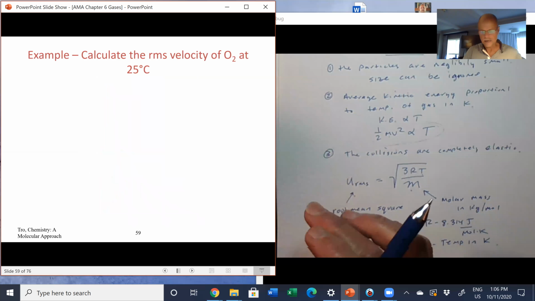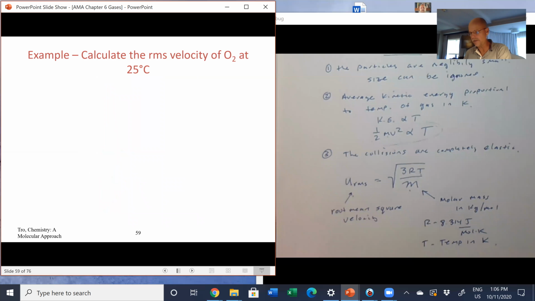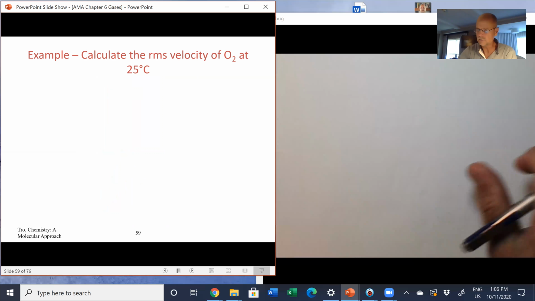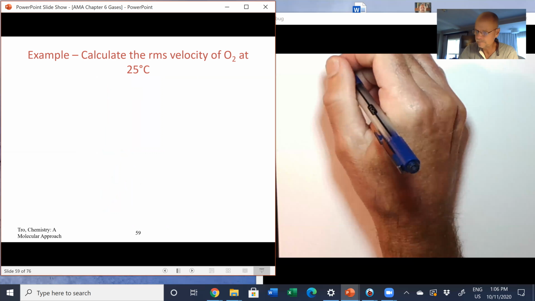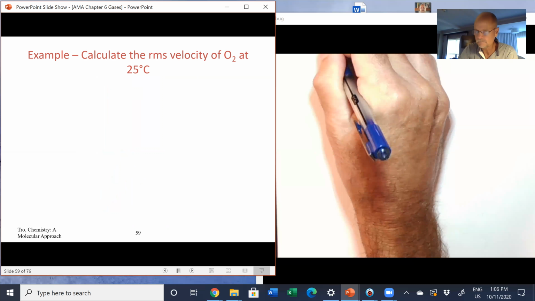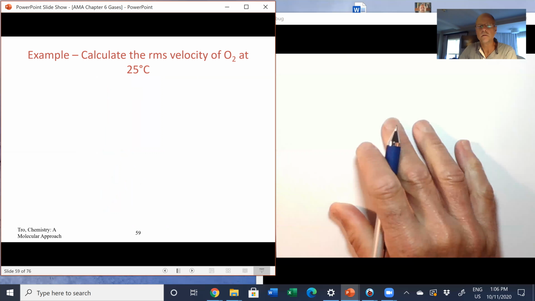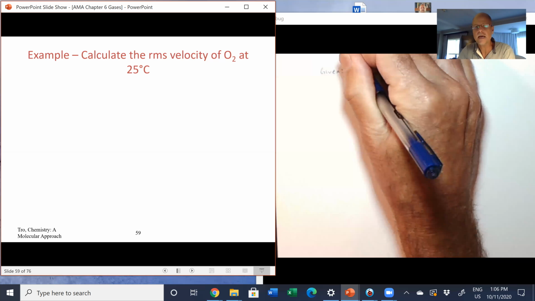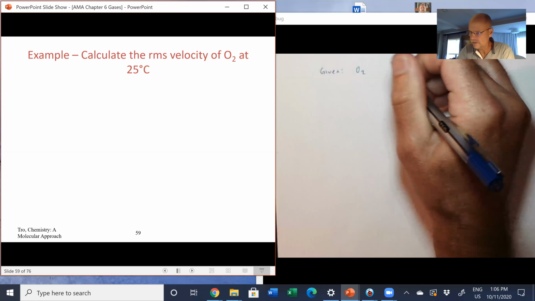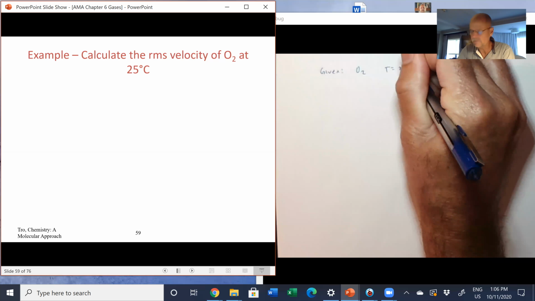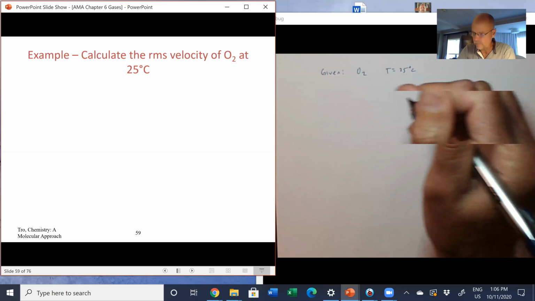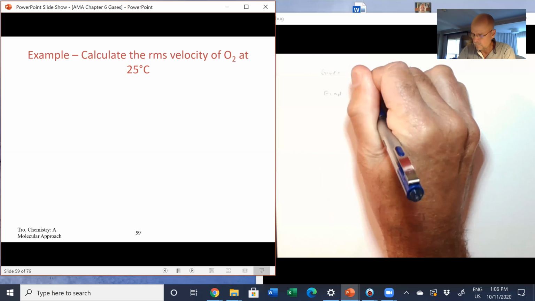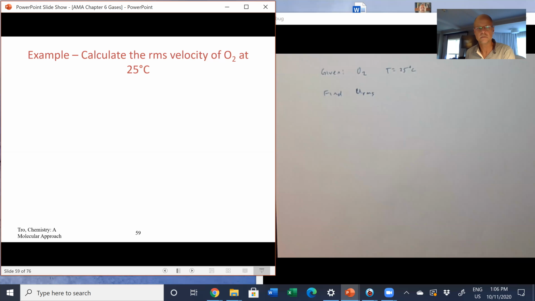Okay, let's do an example applying that equation, all right? So we're given here in this problem oxygen gas, and we're given the temperature is equal to 25 degrees Celsius, and we want to find the root mean square velocity, okay?